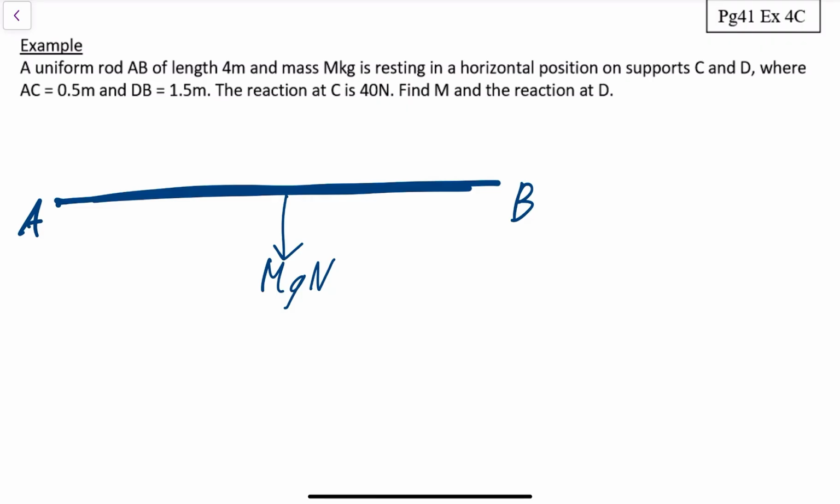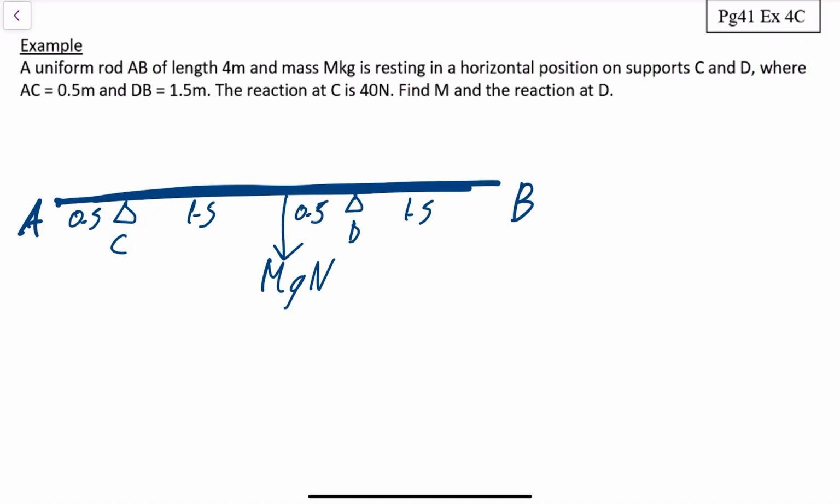It supports C and D, where AC is only 0.5. So that's 0.5, and that's 1.5 meters. That's my point C. And then BD is 1.5. So that's going to be B to D to here is 1.5. That's 1.5, and that's 0.5.